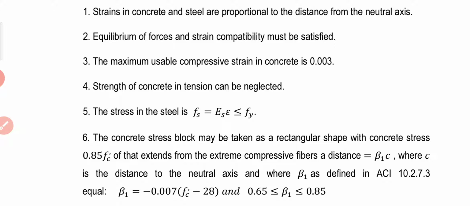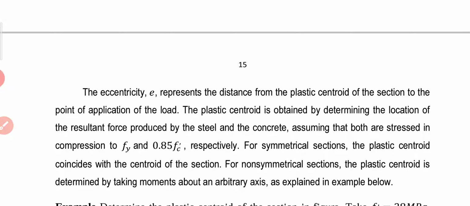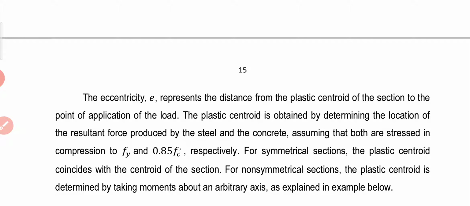These are the limitations as we discussed in beams and slabs, with some changes only for beta 1. The eccentricity e represents the distance from the plastic centroid of the section to the point of application of the load.